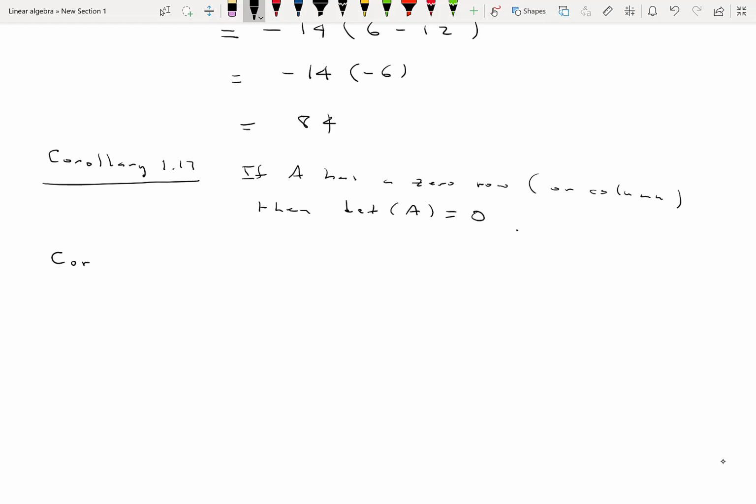The next corollary has to do with the determinants of triangular matrices. Remember, we have the concept of upper triangular and lower triangular.